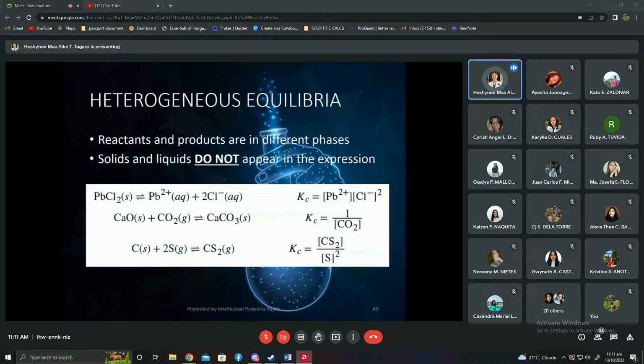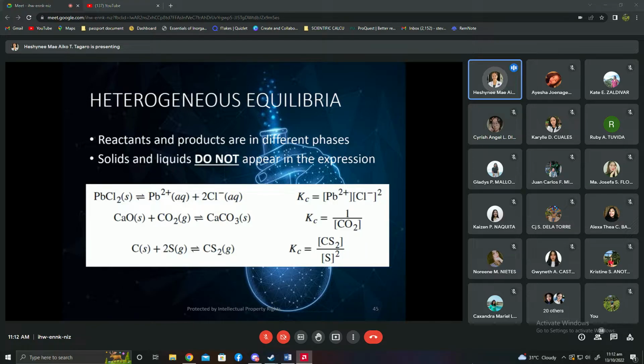Heterogeneous equilibria. So kung ang homogeneous, same phase ang reactant and product, ang sa heterogeneous naman, the reactants and products are found in two or more phases. So the phases may be any combination of solid, liquid, or gas phases and solutions.